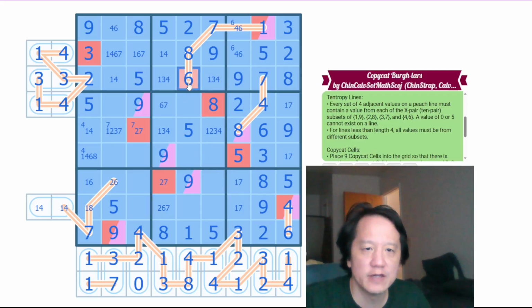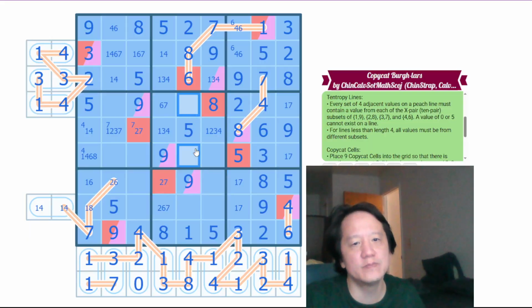This copies that. This copies that. This copies that in value. And this copies that in value. This copies that. This is also being copied. And these copy each other.